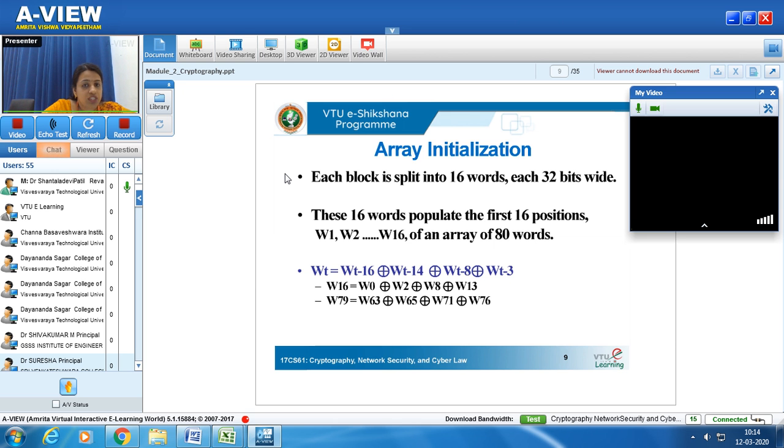Now W0 is XORed with W2. Now the next word is W16 minus 8 that needs to be XORed with this. So W16 minus 8 will give us W8 and then Wt minus 3. So W16 minus 3 is W13. So when we XOR all these 4 words, we get the 16th word.